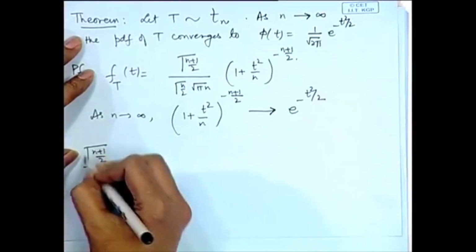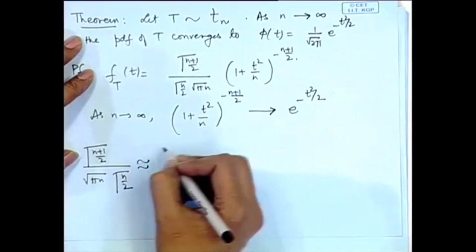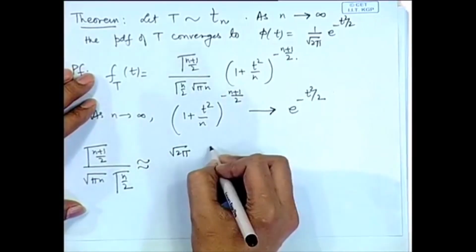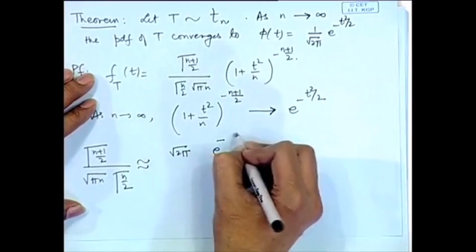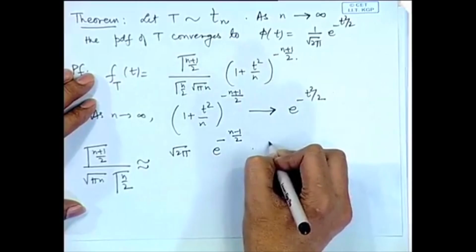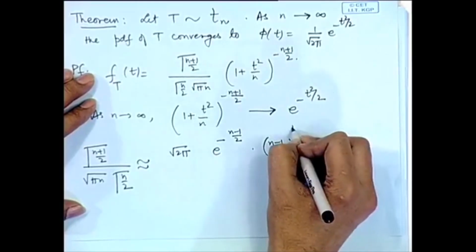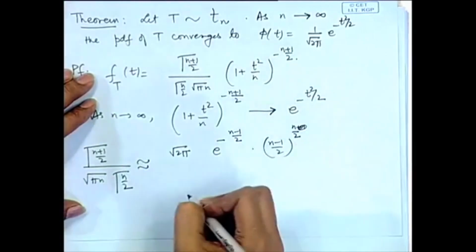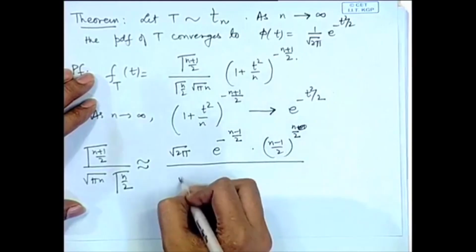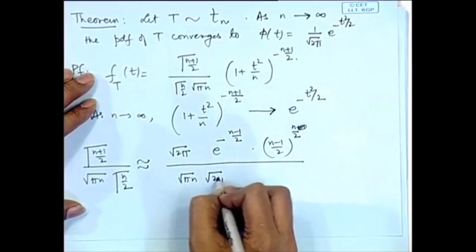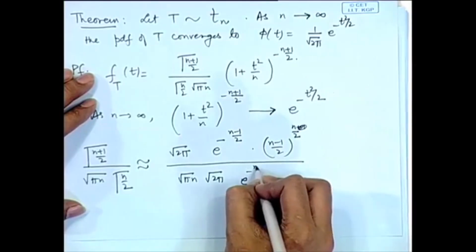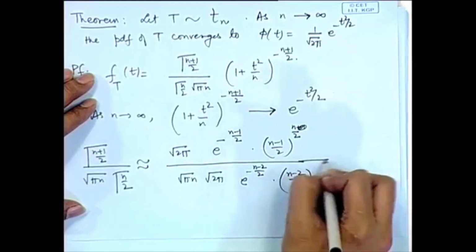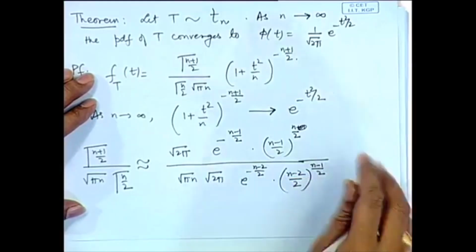This is a mathematical formula, we can use it here. If I am saying n is large, then I can represent these terms as root 2 pi e to the power minus (n-1)/2, ((n-1)/2) to the power n/2, and in the denominator you have root(pi n) root 2 pi e to the power minus (n-2)/2, ((n-2)/2) to the power (n-1)/2.